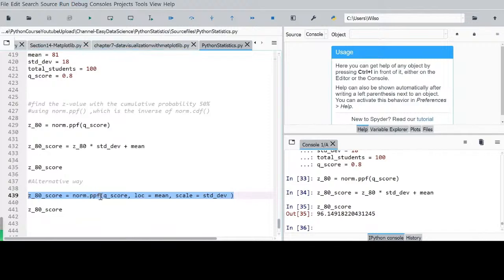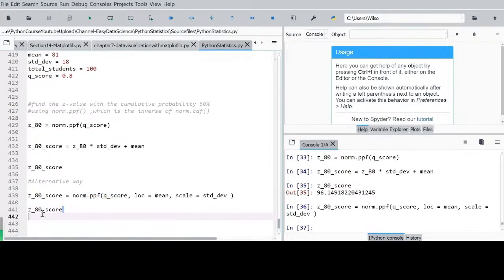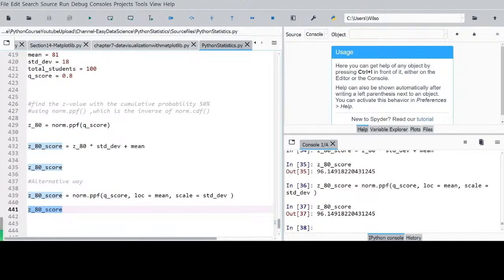With these options we do not need to transform back, because this directly transforms back from the Z score to this normal distribution. Run this and we show the value. It says that about 80% of the students have scores lower than 96.